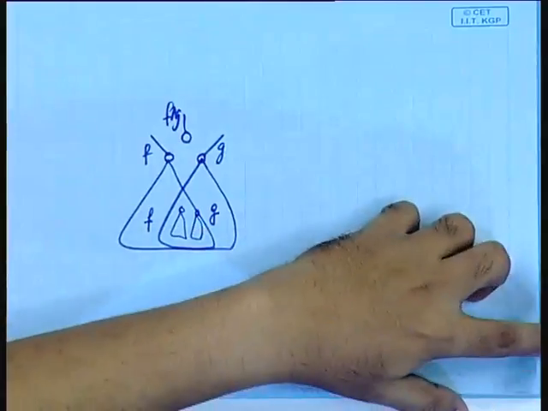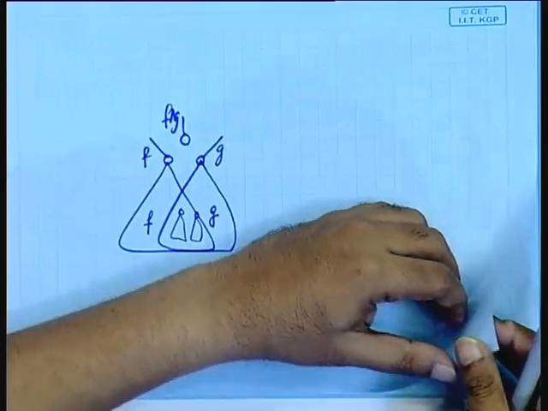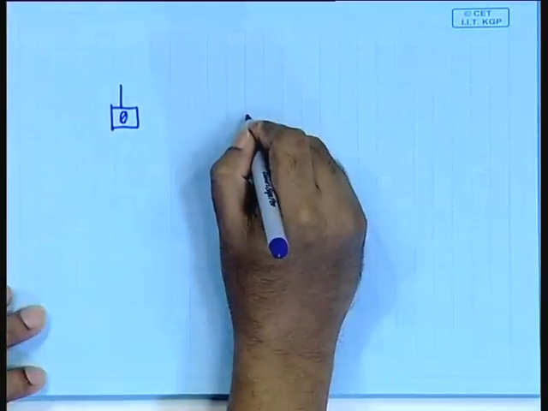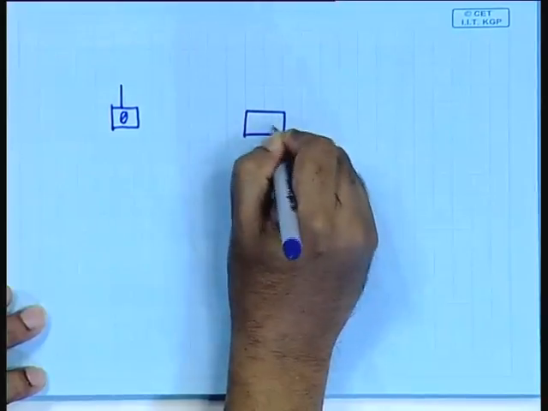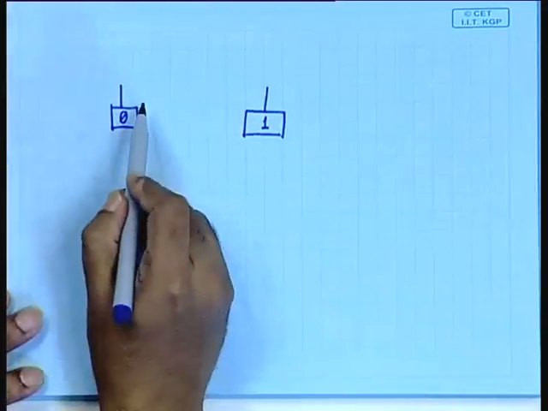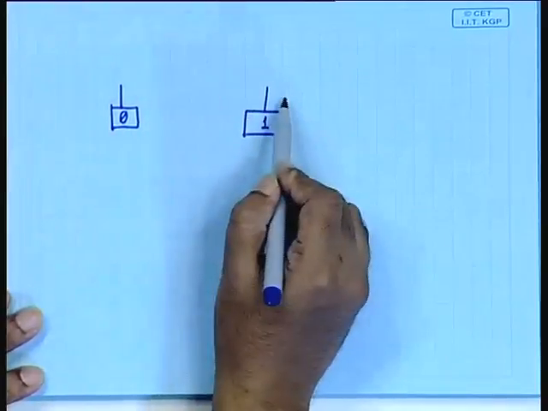Everything will collapse to 0. So the BDD corresponding to an unsatisfiable function is this, and the BDD corresponding to a valid function is this. This has no minterms, this has all the minterms.